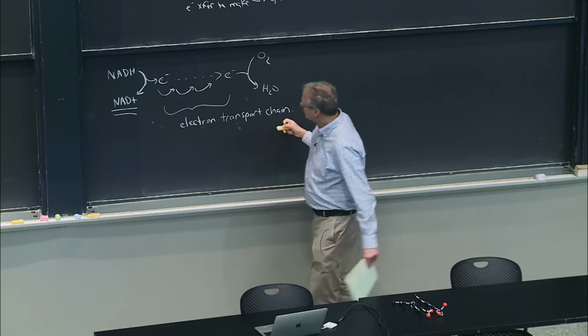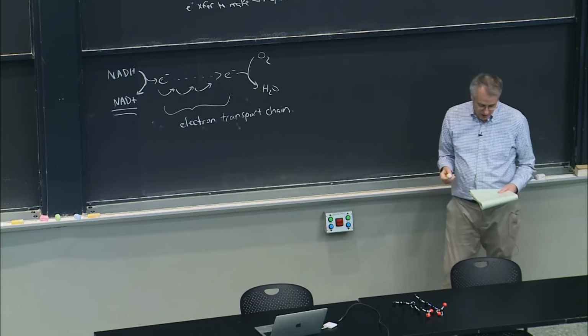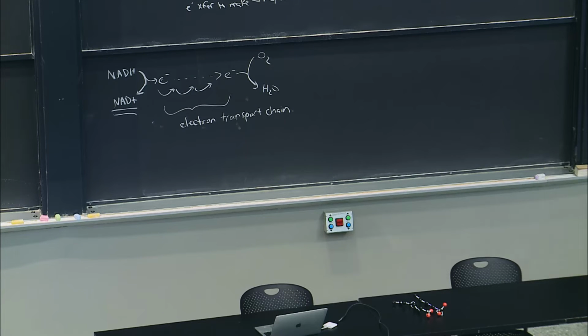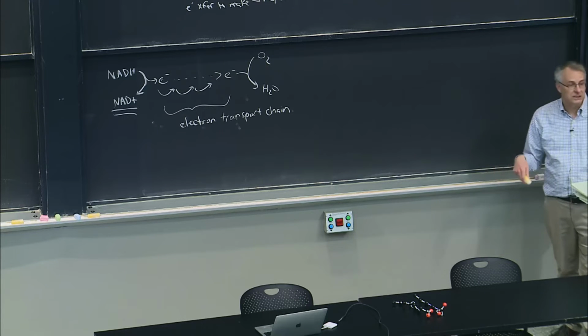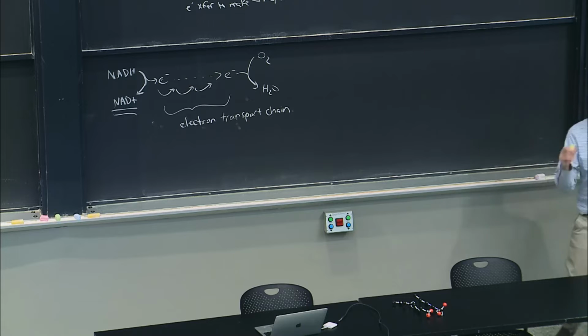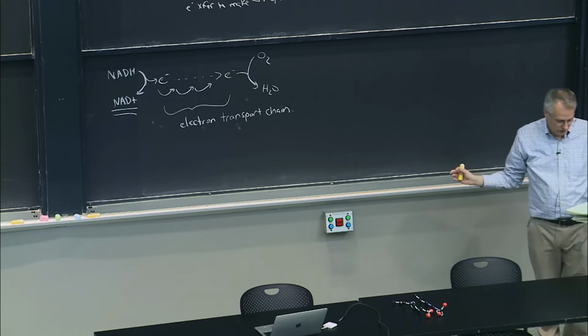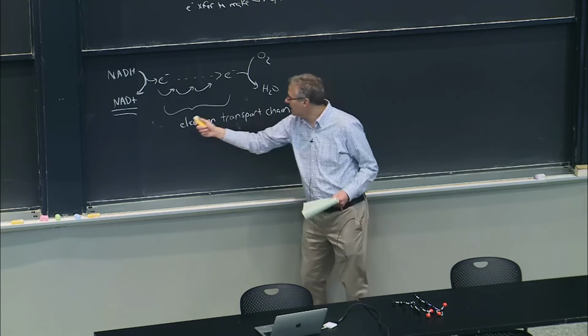Okay? And you can think of this electron transport chain as being entirely analogous to what we already talked about when we talked about how pyruvate dehydrogenase or alpha-ketoglutarate dehydrogenase works in the TCA cycle. Remember, these had these different protein complexes, this E1, E2, E3, where electrons were transferred across this chain. It's exactly the same idea here.